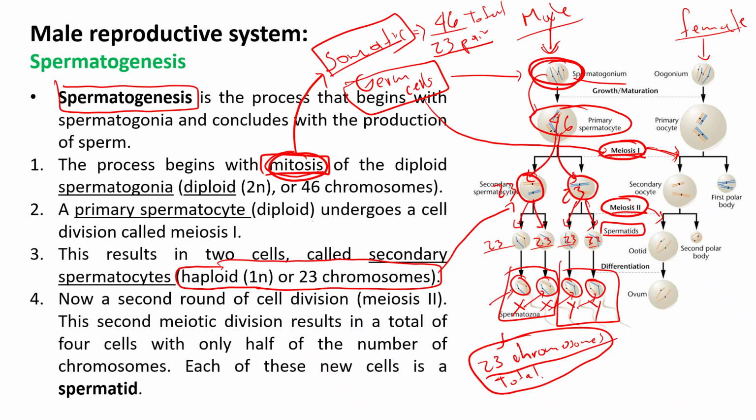But just know at this point that in a female we start with a very immature germ cell, and then at the end, instead of having 4 mature cells, we only have 1, okay? Only in the male do we have 4. In a female, we have 1. And then we have 3 polar bodies at the end, which are not represented here. Again, we're going to see these polar bodies in more detail when we look at the female reproductive system.